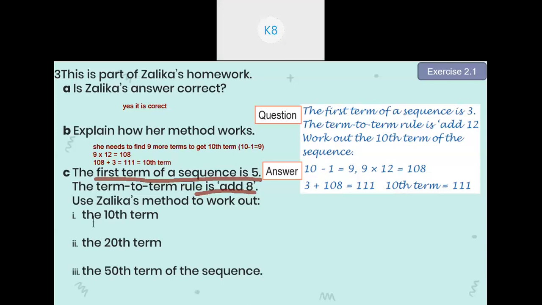Okay, we need to find the difference between the one that we are looking for, the 10th term, so I write 10 first. After that, the one that is given is 1. So 10 minus 1 will be equal to 9. And then we need to multiply 9 by 8, so it will be equal to 72.